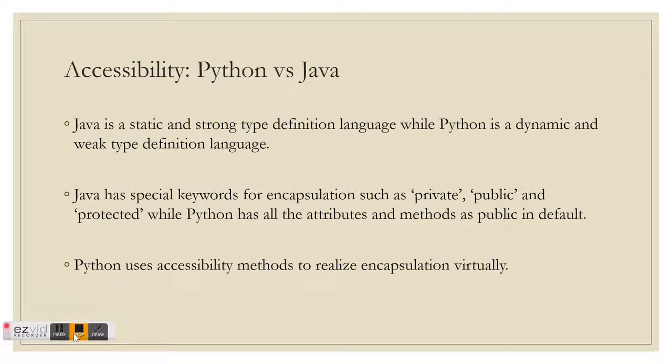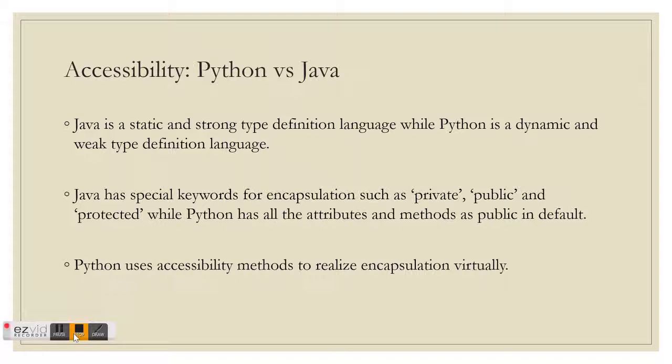So in Python versus Java, in terms of accessibility or encapsulation, Java is a static and strongly typed language, while Python is a dynamic and weakly typed language. Java has special keywords for encapsulation, as we have discussed earlier: private, public and protected, while Python has all the attributes and methods as public by default.